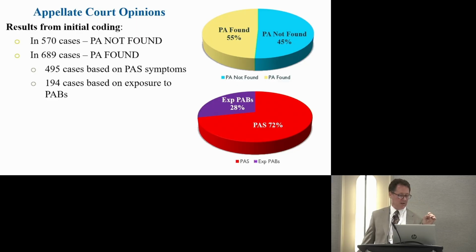And the remaining 28%, this is the good news, the trial courts recognized that exposure to parental alienation behaviors required a child protective response. And the majority, 99% of these, took protective action in the found cases, which is a good sign.